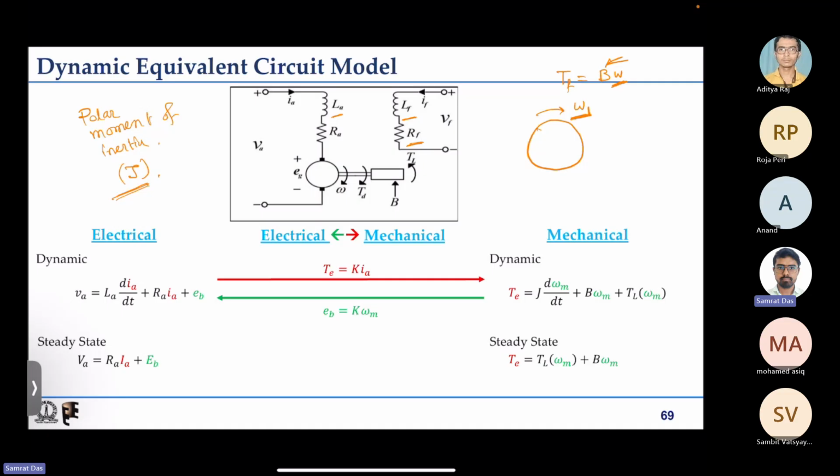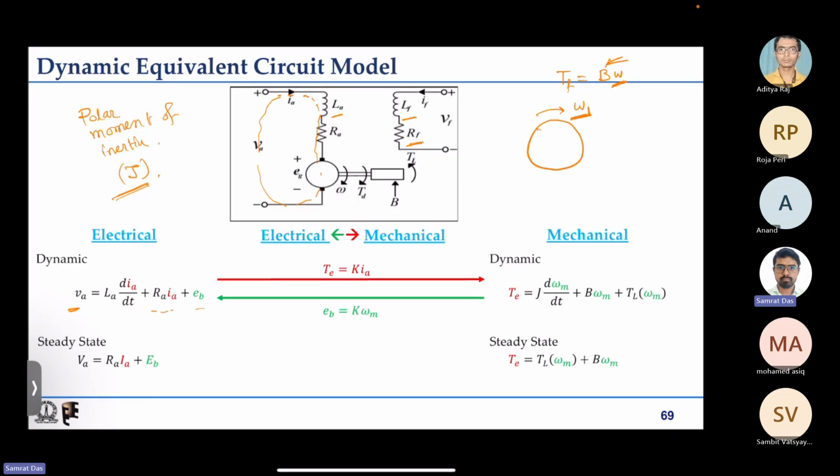Now these linear differential equations can be written. On the electrical armature side, let us forget the field for the moment. If we apply KVL in this loop, we have VA equal to LA dIA/dt plus RA IA plus EB. That is a differential equation.